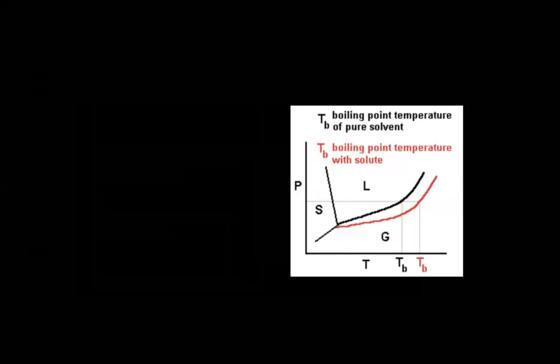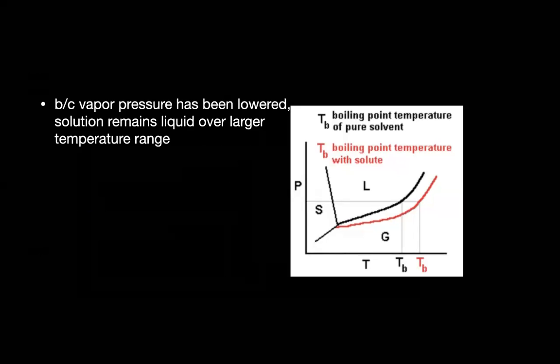All right, so again, we have a phase diagram looking at boiling point. Because the vapor pressure has been lowered, the solution is going to remain a liquid over a larger temperature range, as you can see from the red line there.